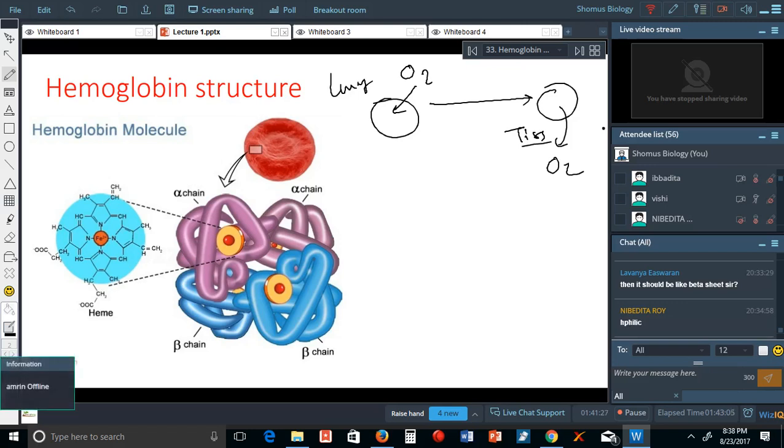So every single time, all this process needs to be done properly. And that's why hemoglobin has this typical structure of a porphyrin ring. At the center, iron is present, and 4 such subunits are required to form a quaternary structure. So we call it the quaternary structure of hemoglobin, because each of these subunits is a tertiary structure.